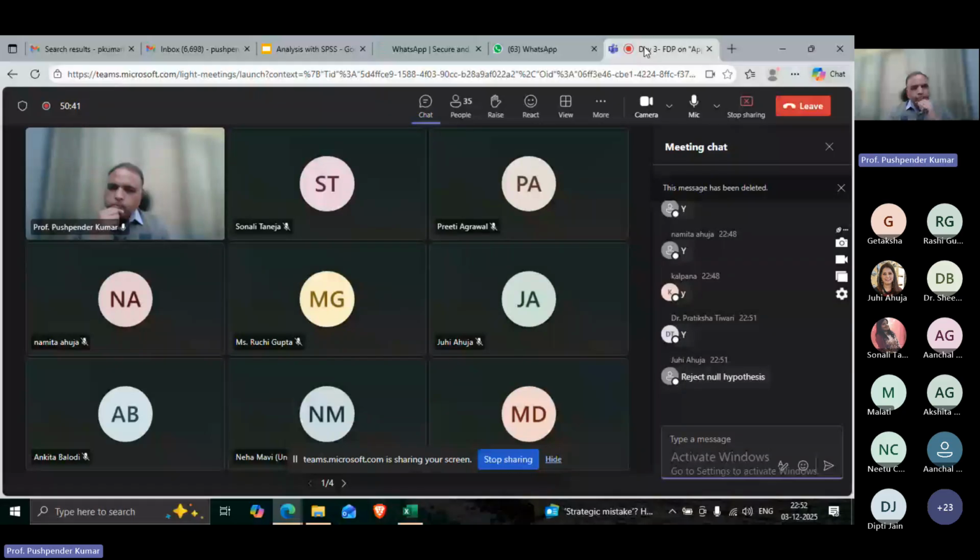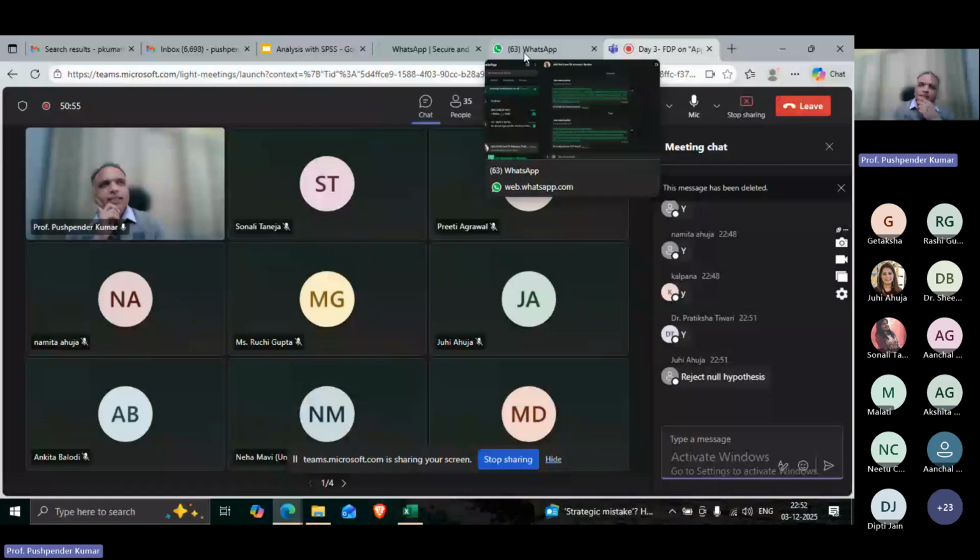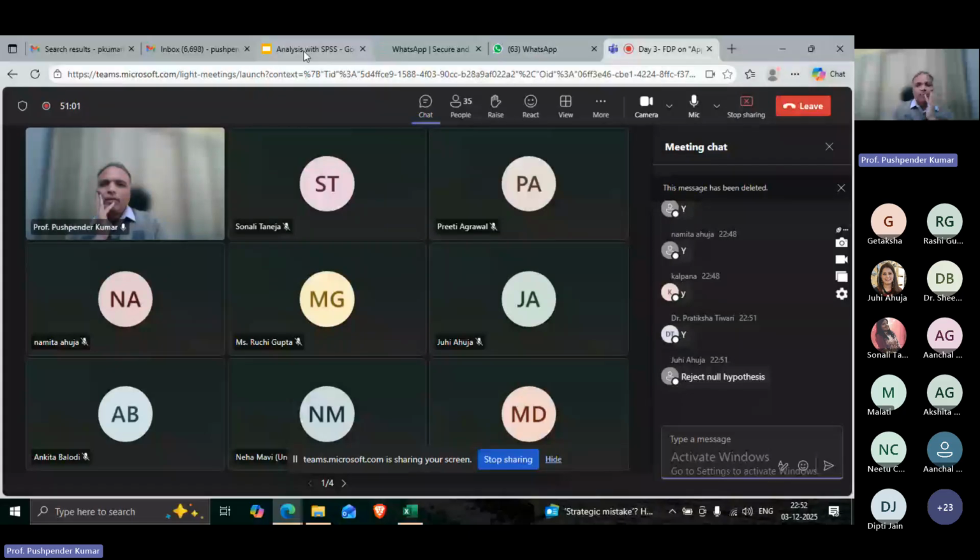Any doubt? So, first t-test, one sample t-test. And I defined yesterday, if in the claim it's more than, it's a right tail. If it is less than, it's a left tail. If it is not equal, two tail. Okay, let me continue with my discussion.